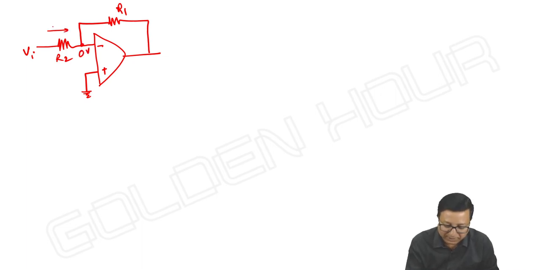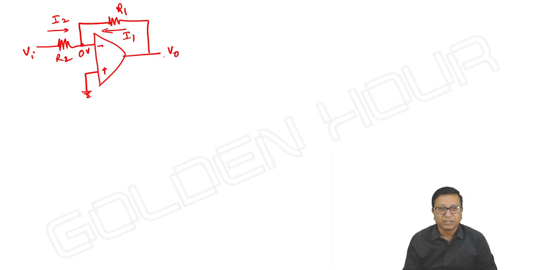Let me take this current as I2 and this current as I1. Then you see I1 is equal to minus I2. We know I1 is equal to minus I2. What is I2? It is Vi minus 0 by R2.